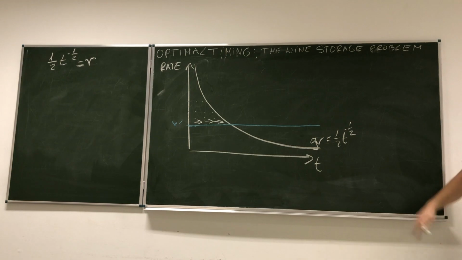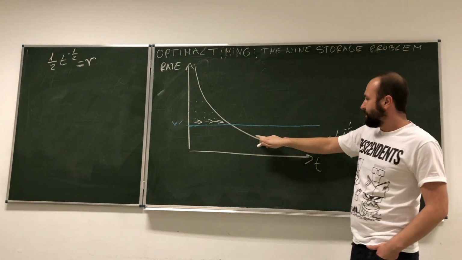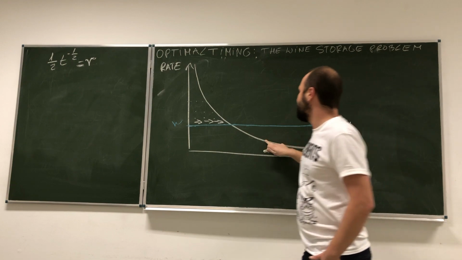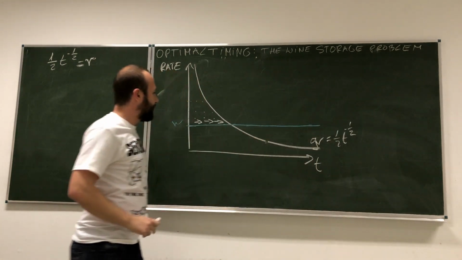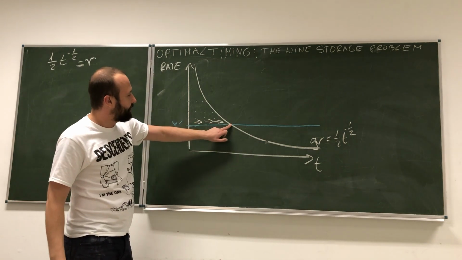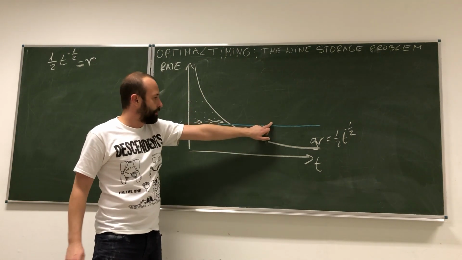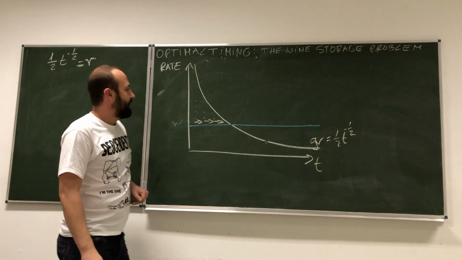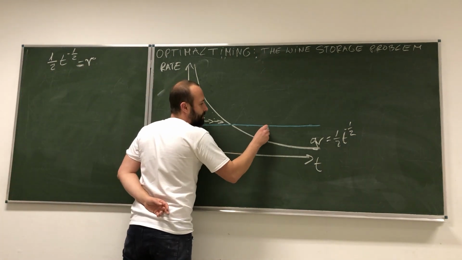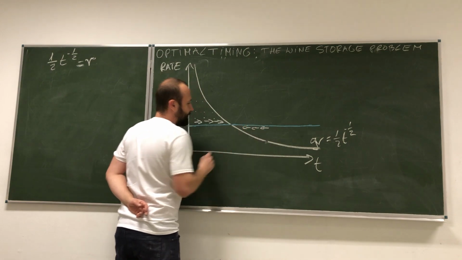But over here is the opposite. Look, if I sell the wine today, I'm going to receive an amount of money that is less than if I would sell it here and keep the money in the bank at a given interest rate. So here we see that this is the region of bad decisions.